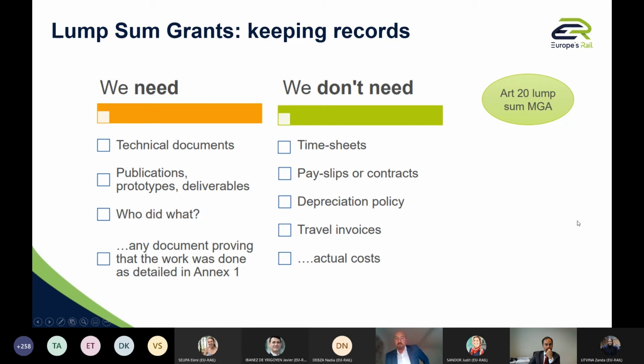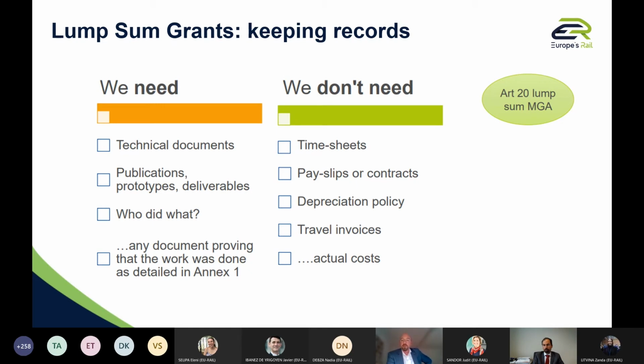So now I will answer the question that Piero asked this morning, saying, okay, if we do not need to keep trace of actual expenses, that was his question, what process will be used by the GU to assess the adequacy of costs and therefore of the Europe's Rail contribution? So in summary, you prepare the budgets of the proposal, taking into consideration that all the costs that you are introducing in the grant agreement should be considered eligible ex ante as per Horizon Europe eligibility criteria.